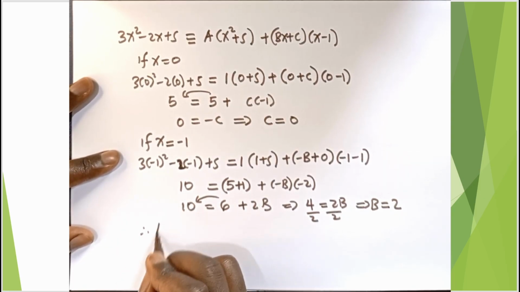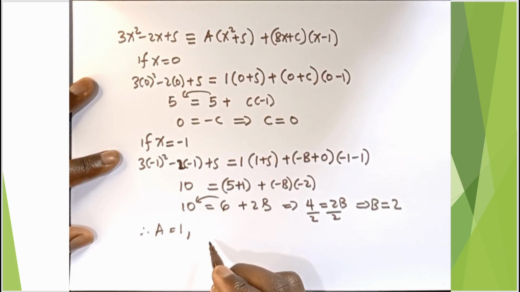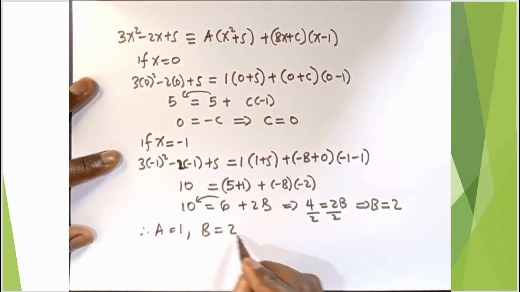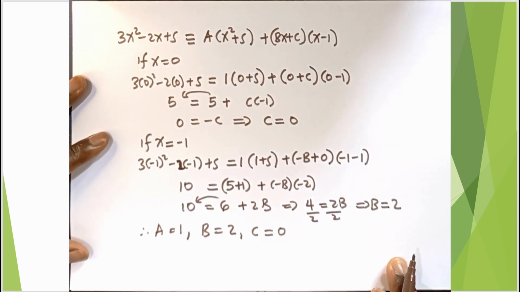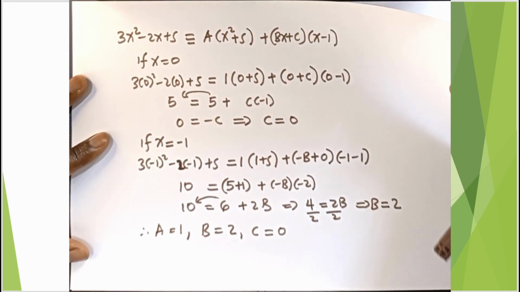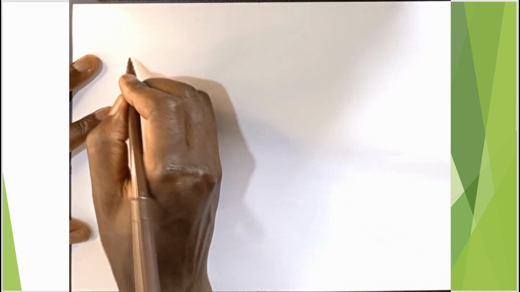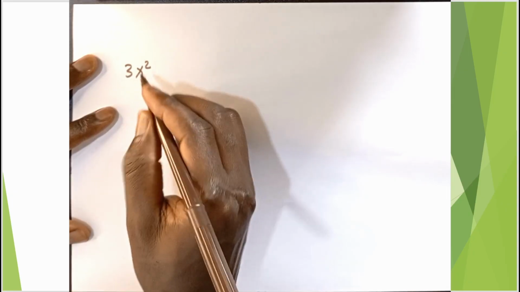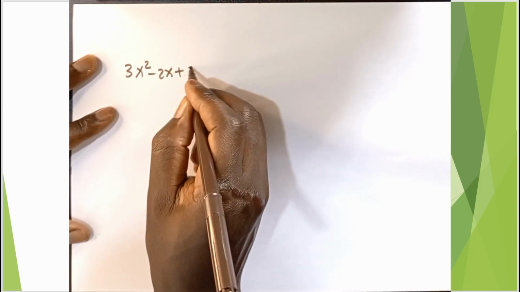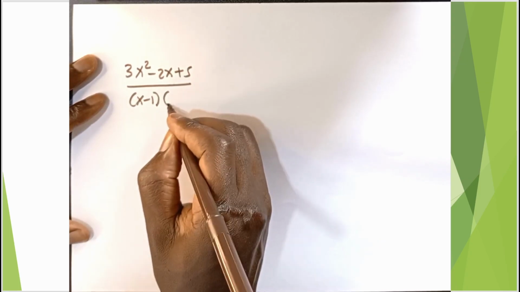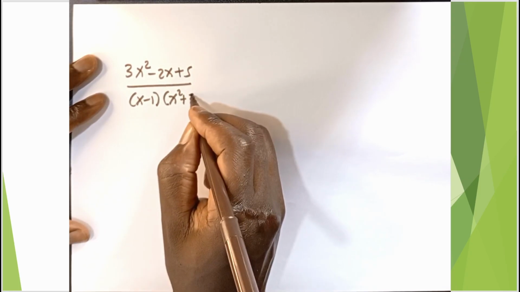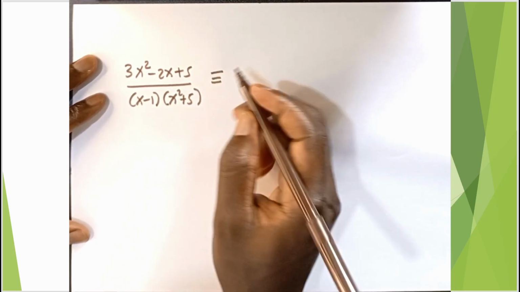So therefore, we have A as 1, b as 2, and c as 0. So we go ahead and rewrite our partial fraction very well. Our 3x squared minus 2x plus 5 over x minus 1 into x squared plus 5, partialized very well.